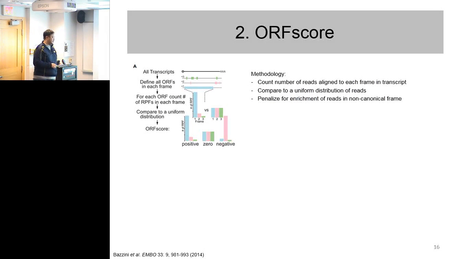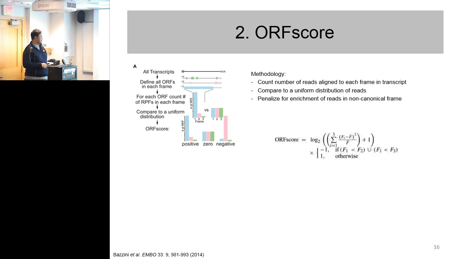Just to give a little more background on some of the existing methods that are out there already, the aforementioned, highly imaginatively named ORF score basically takes the alignment of reads in each frame and compares it against a uniform distribution and computes a score based on that. So if there is enrichment of reads in a non-canonical frame, it will penalize that, which is, I think, part of the reason why it doesn't perform as well in the classification.